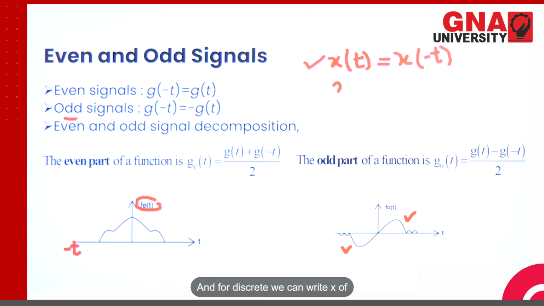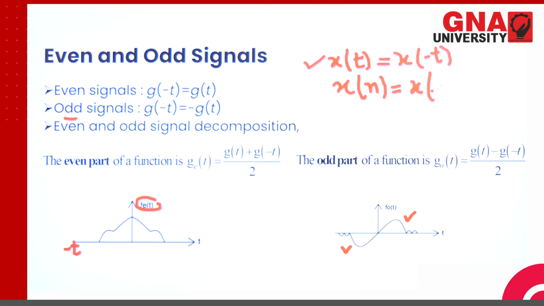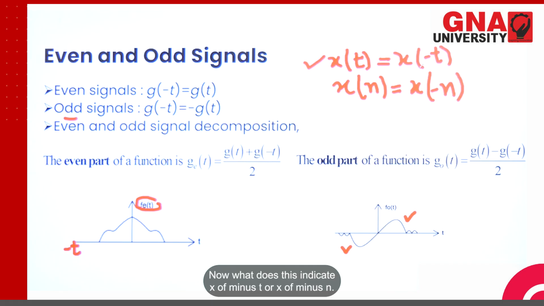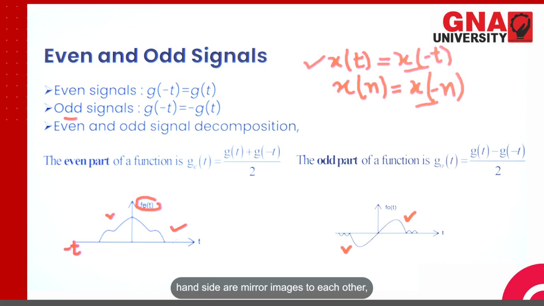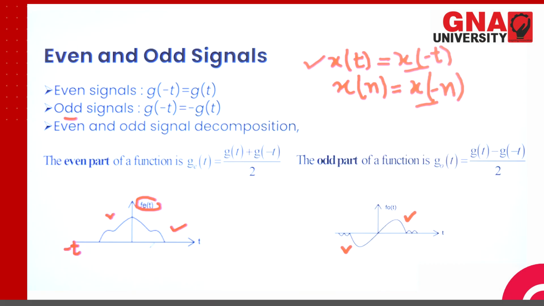And for discrete, we can write x of n is equal to x of minus n. Now what does this indicate, x of minus t or x of minus n? That is just the mirror image of the original signal. That means both the left side and right hand side are mirror images of each other.